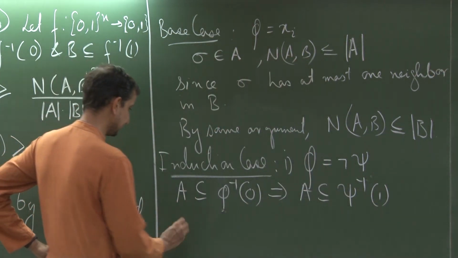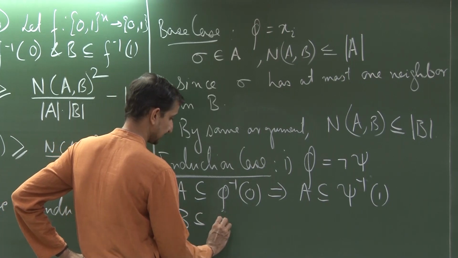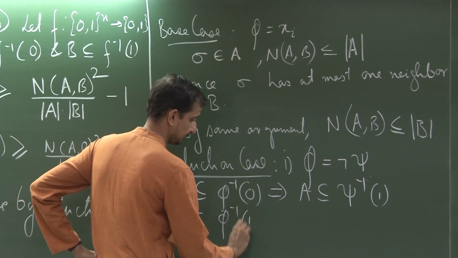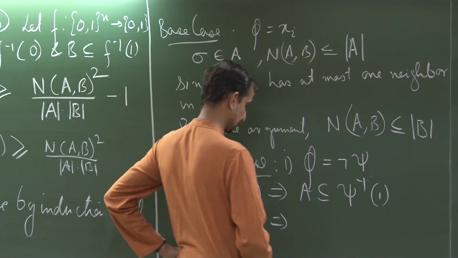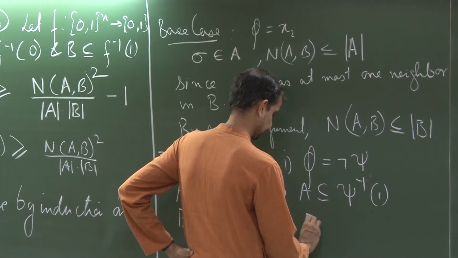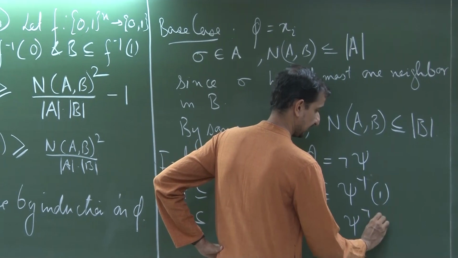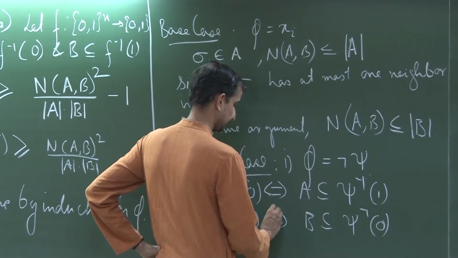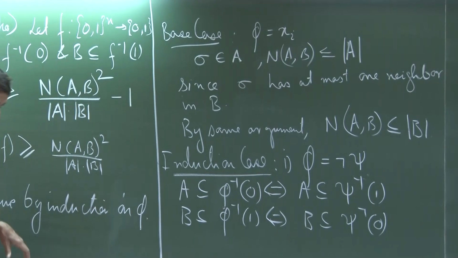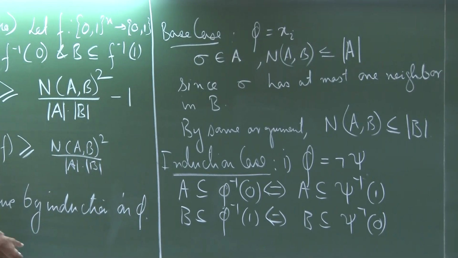Okay. And similarly, if I have B which is a subset of phi inverse 1, it implies that B is a subset of psi inverse 0, and this is if and only if. Okay. The same thing holds for the opposite direction as well.